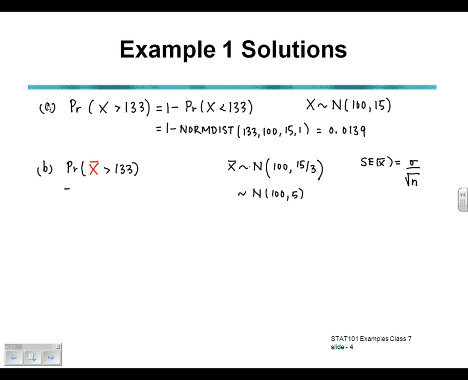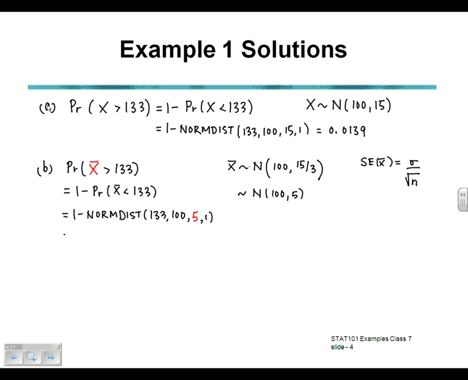So the probability that x bar is bigger than 133, again we can write that down by saying 1 minus the probability that x bar is less than 133. And that means we can write 1 minus NORM.DIST, again using exactly the same Excel function, but this time we have 133 for x, 100 for the mean, but 5 for the standard deviation, and the cumulative value 1 again.